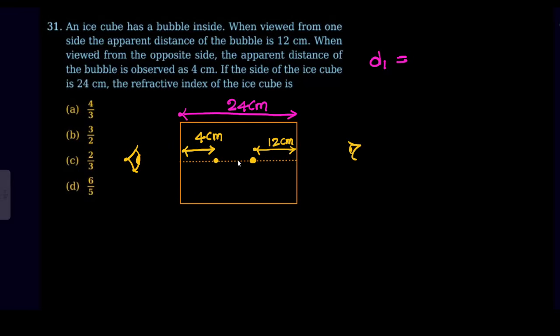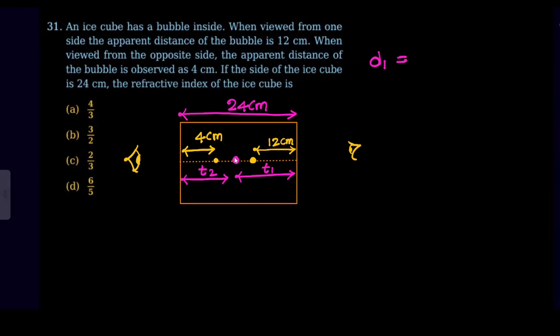Let us say the bubble may be somewhere here inside the ice cube. From here to here, this actual distance we can call T1. And from here to here, this actual distance, it may not be the midpoint, right? That's why we have taken T1, T2. So here is the actual bubble.